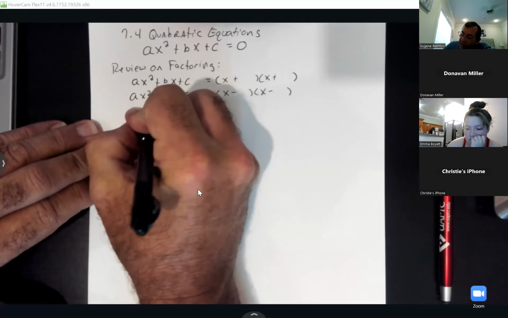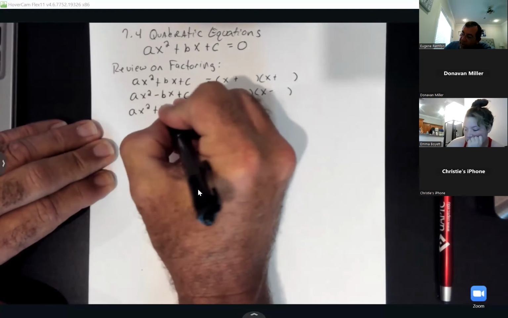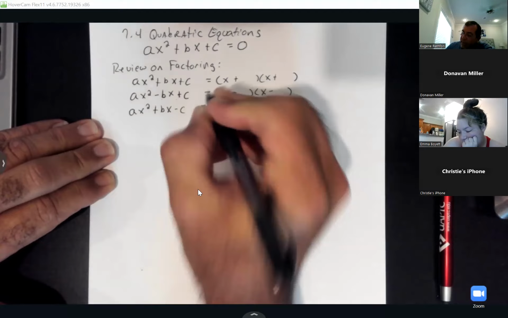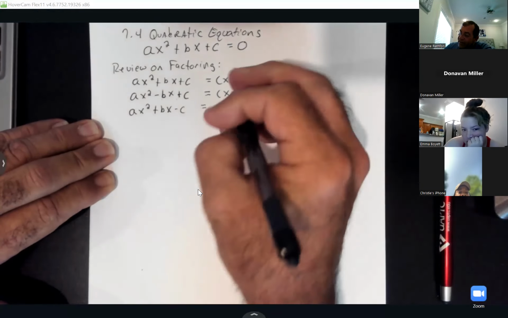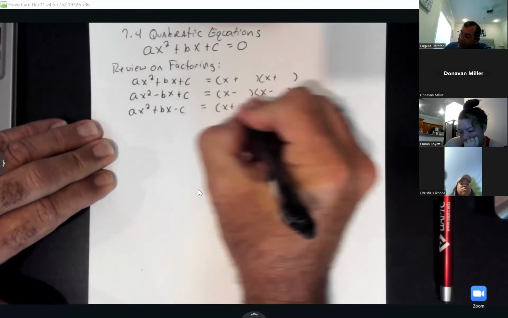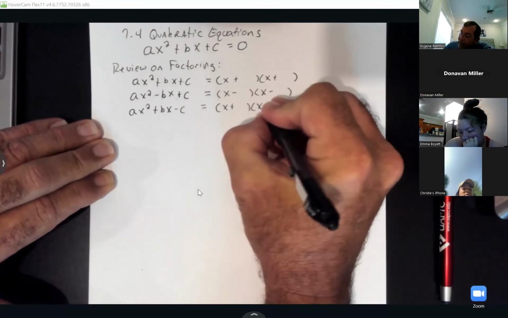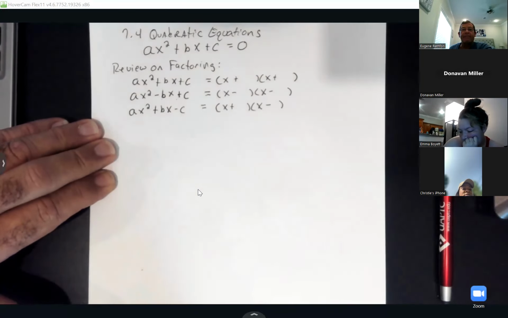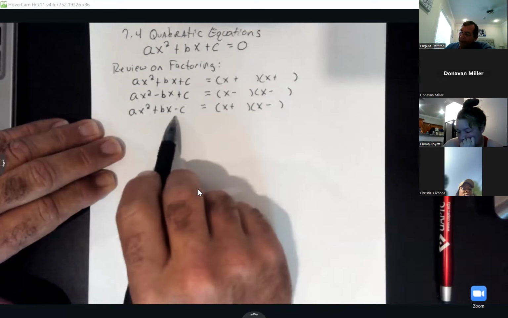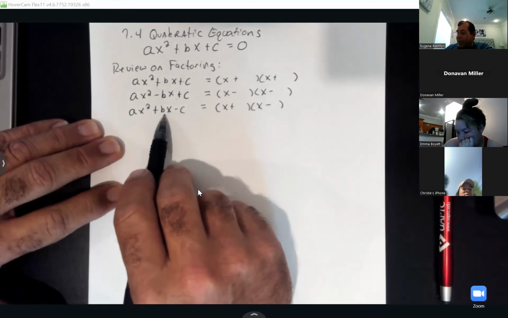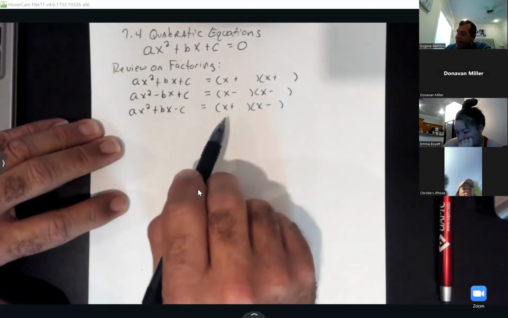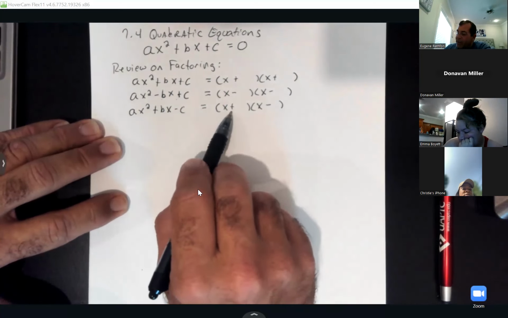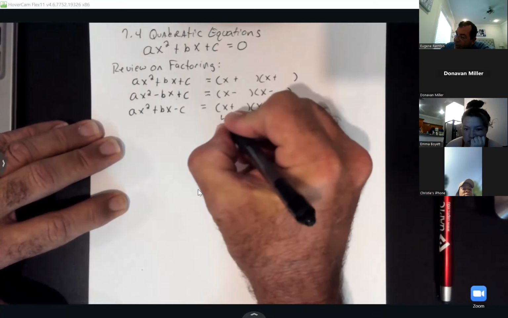Now, if this last number is negative, one of your factors will be positive. One of your factors will be negative. Now, if the middle number is positive and the last number is negative, that means the positive factor will be the larger number.